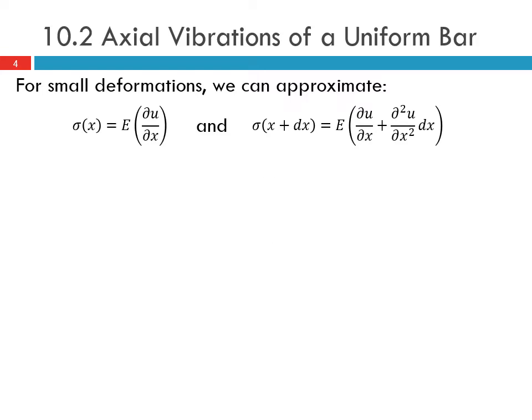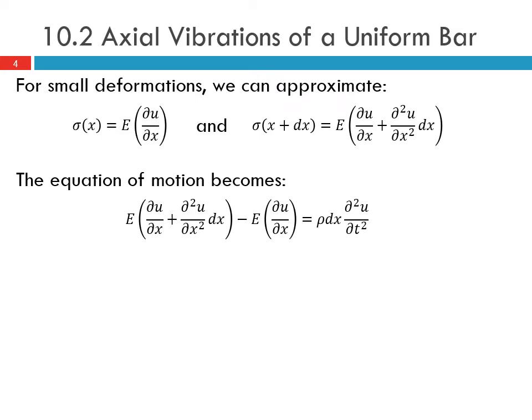squared dx. So our equation of motion then becomes E partial u by partial x plus partial squared u by partial x squared dx, which is just our sigma of x plus dx, minus E partial u by partial x, which again was just our sigma of x, is equal to rho dx partial squared u by partial t squared.